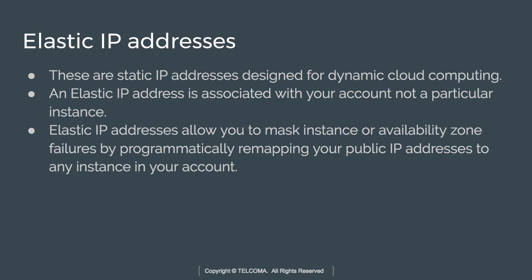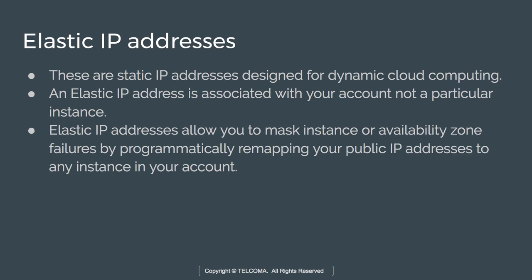Elastic IP addresses allow you to mask instance or availability zone failures because it remaps the public IP address to your instance in your account. So these are designed for dynamic cloud computing. This is the elastic IP address, which is associated with our account.